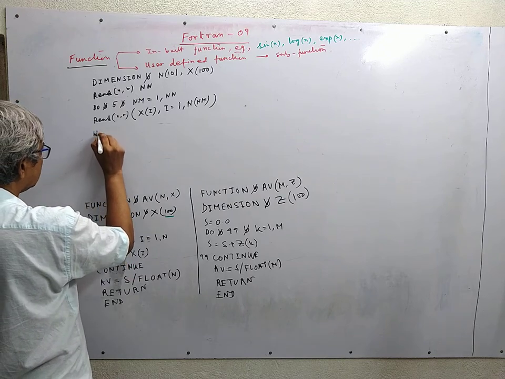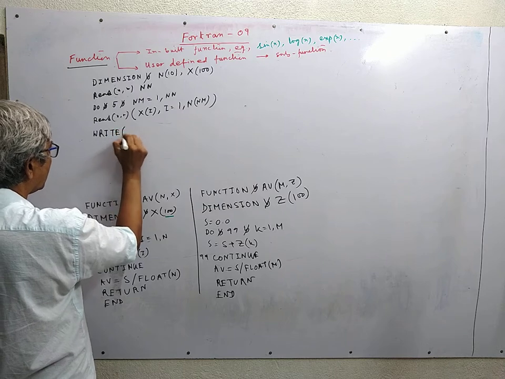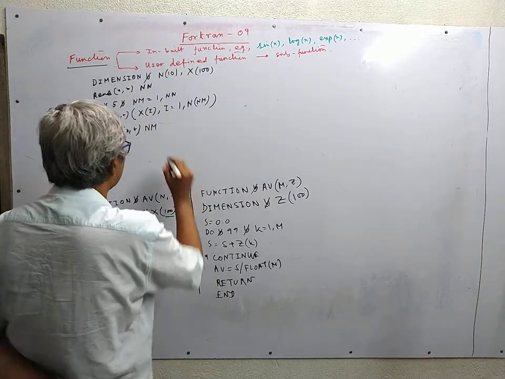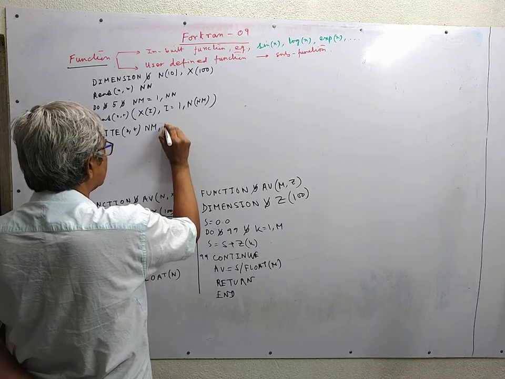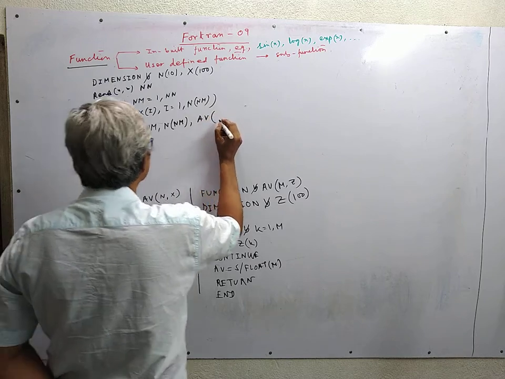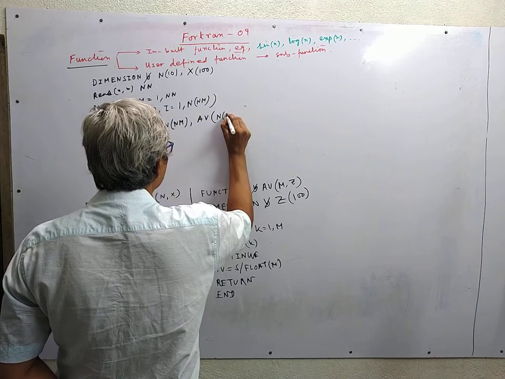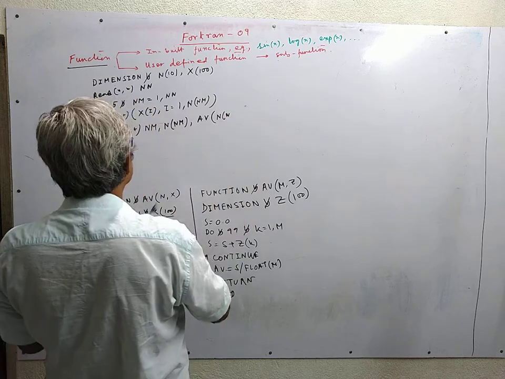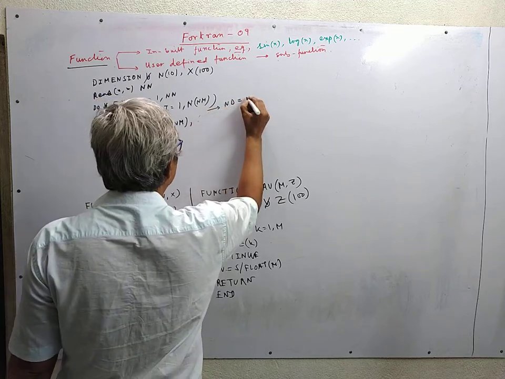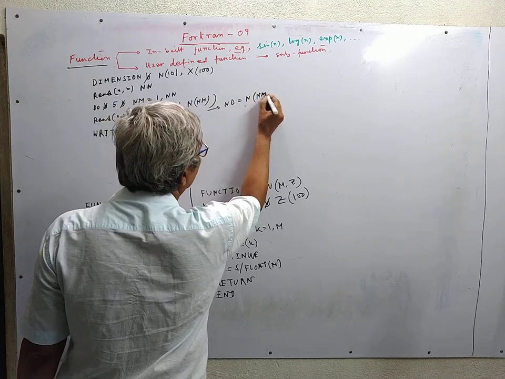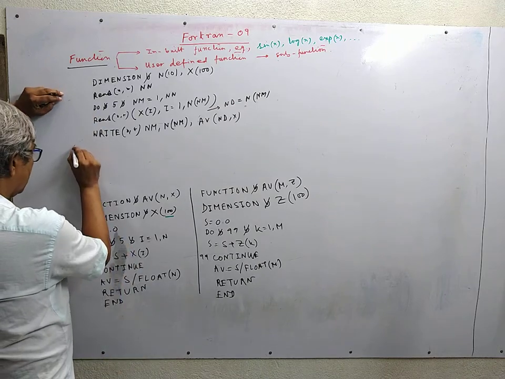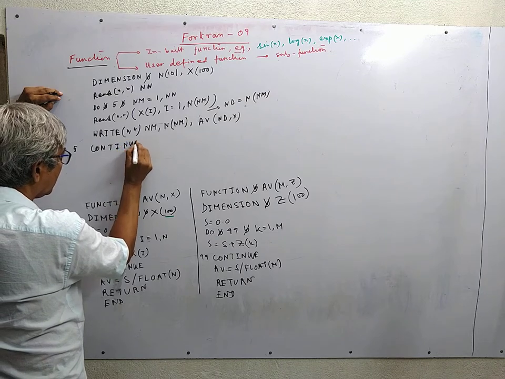And then we write the value of nm, means which number of data we are considering, then n of nm and av of. One thing, I write nd, just write here line nd, in that nd is equal to n of nm and av ndx. 5 continue. Stop end.